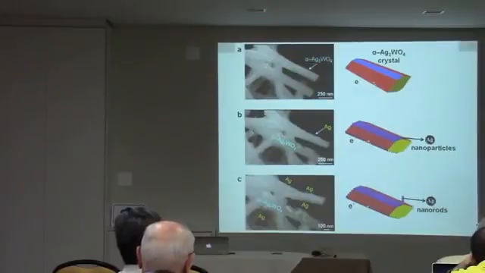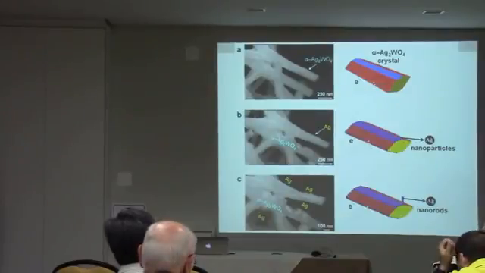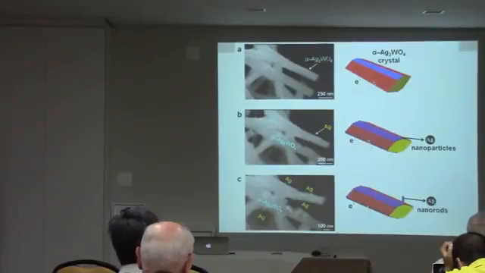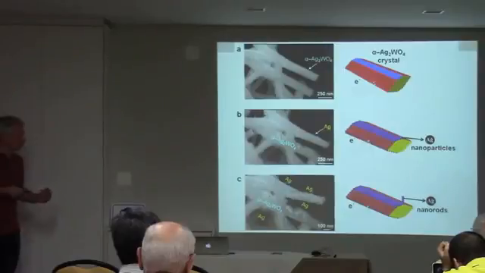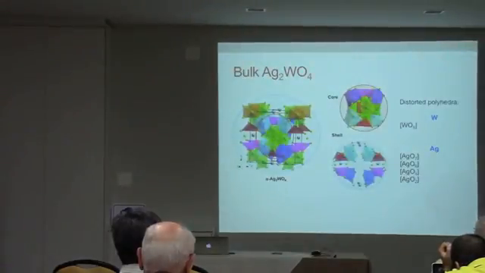Again, here we can see these very nice crystals, and they are irradiated by electrons, and then along time some nanoparticles are formed, even nanorods. So the amount of silver is quite huge, as I will show later.